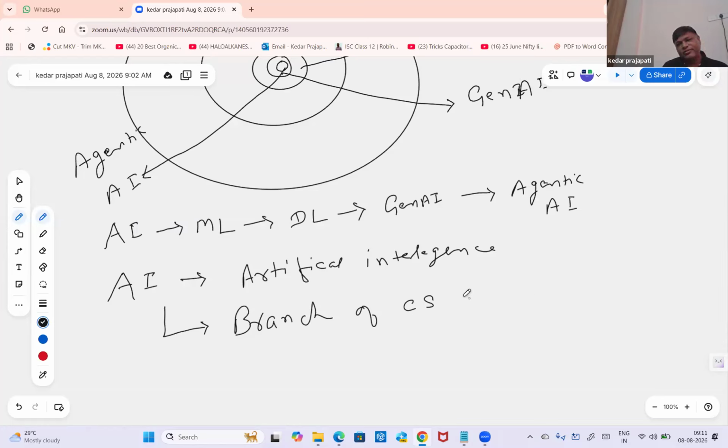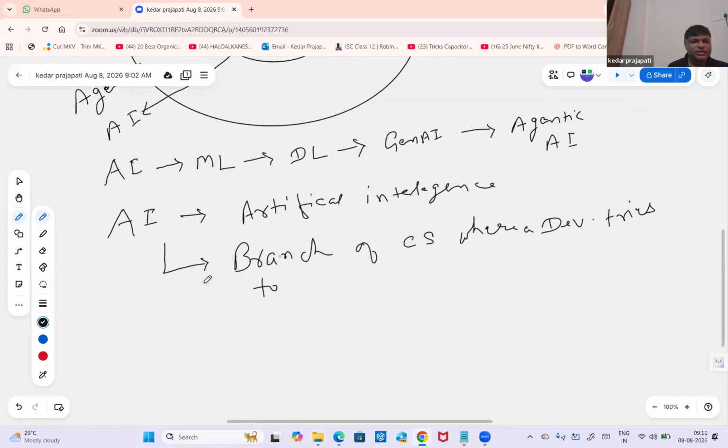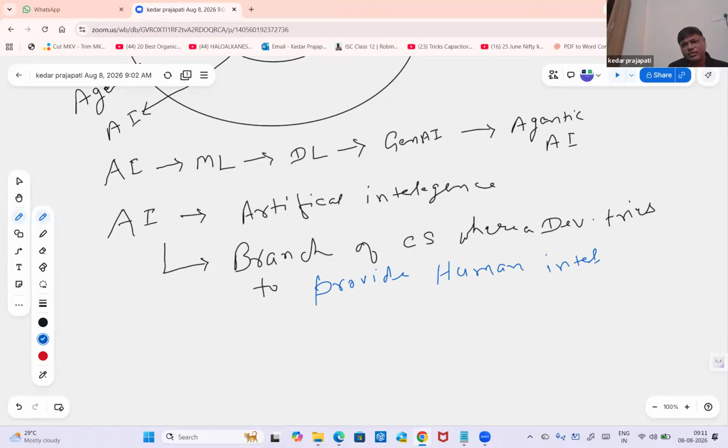It is a branch of computer science where a programmer or developer tries to provide human intelligence to the machines.